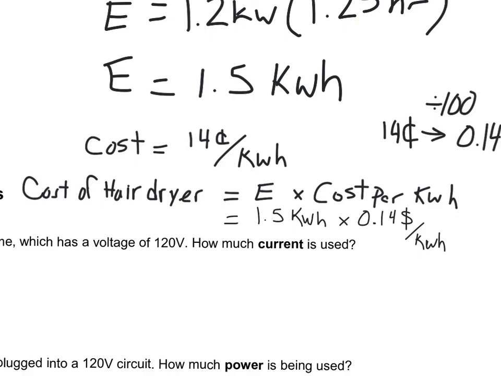And the reason this works out is because we have this canceling out this, which leaves our unit as dollars. So 0.15 times 0.14 is equal to $0.021, or about 2 cents. So not very expensive at all.